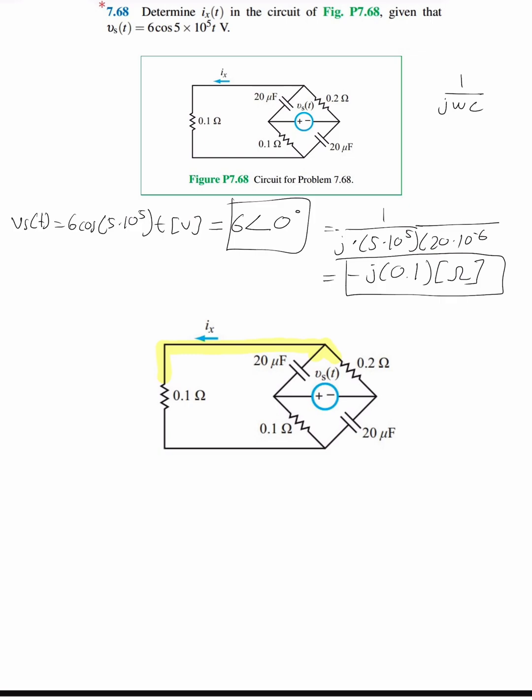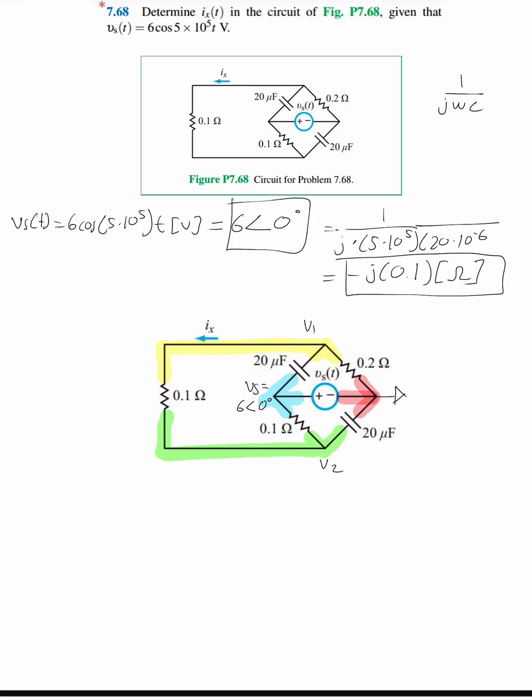Second one, this is going to be Vs. Third one is going to be V2. And then this one is going to be our ground node. Just label it V1, V2, Vs equals 6 angle 0, and this is the ground.